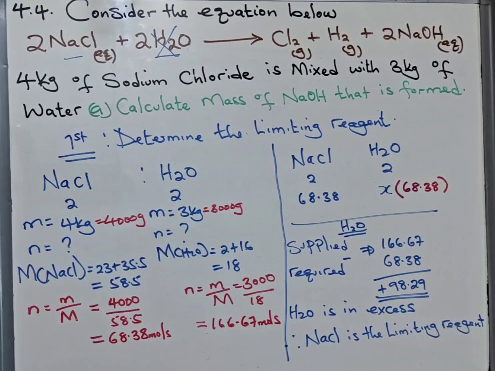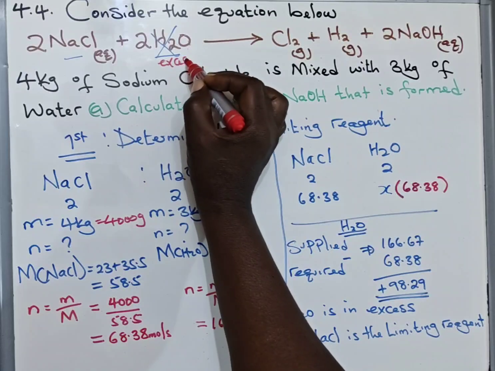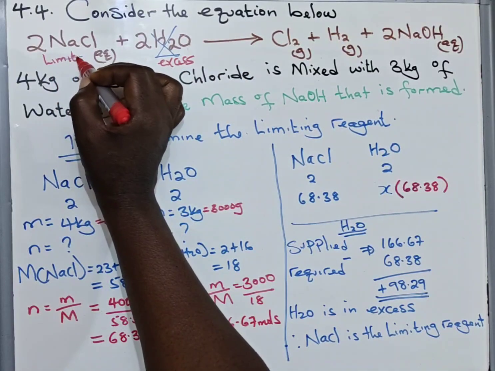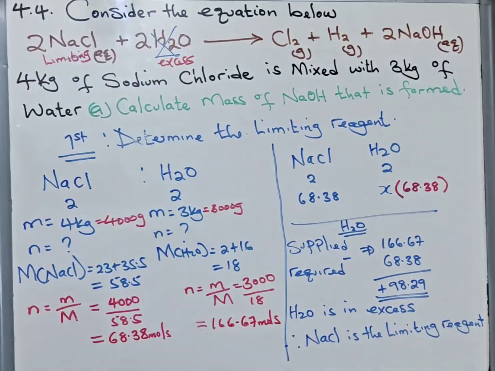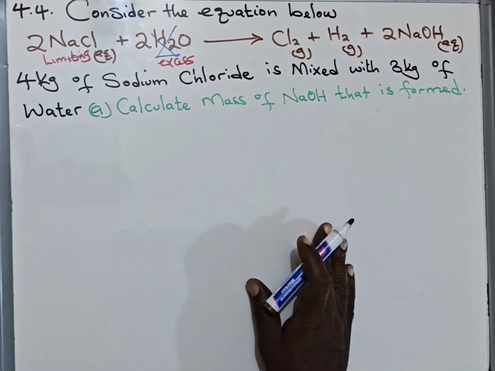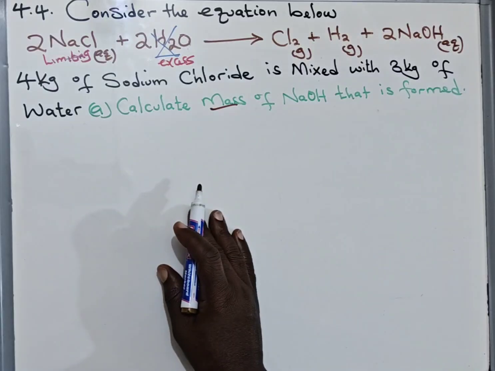So that is it. So what do we have here? This is excess here, and this is the limiting. Then after determining the limiting reagent, we can proceed and determine the mass of sodium hydroxide that is formed.